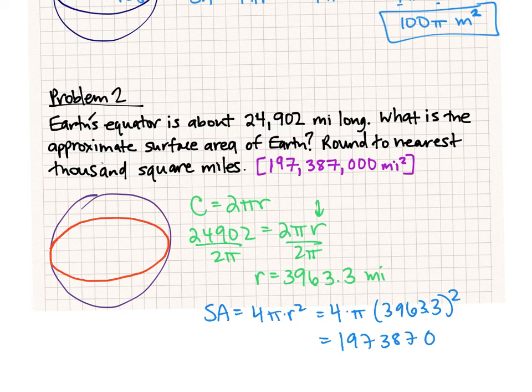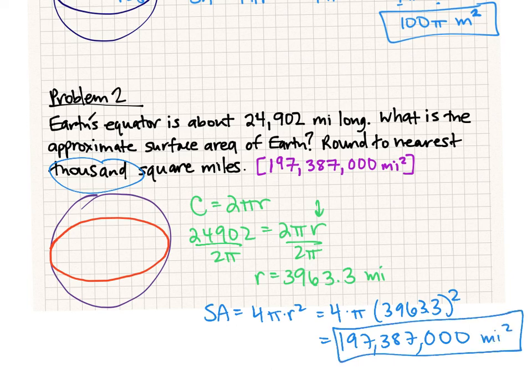And this is the nearest 1,000 square miles. So we can just say 0, 0, 0. Miles squared. Okay. So again, just formulas, and circumference you need there, right? Because equator is the circumference.